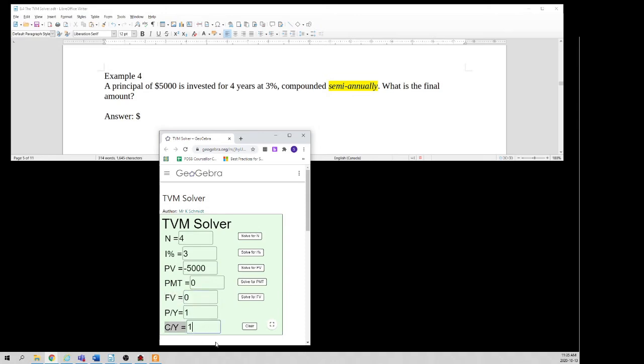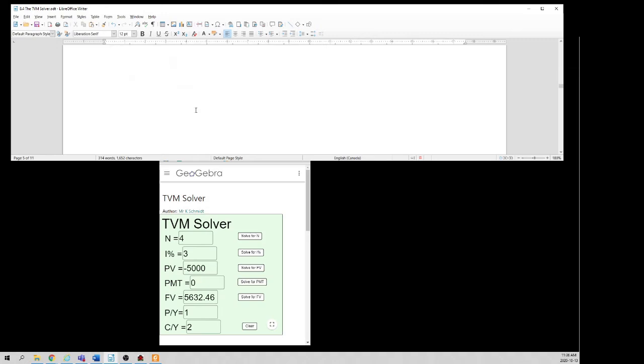And we want to tell the TVM Solver that we are compounding 2 times per year. So after the 4 years, we will have $5,632.46. You'll notice that this value is slightly higher than the previous example by a few dollars.